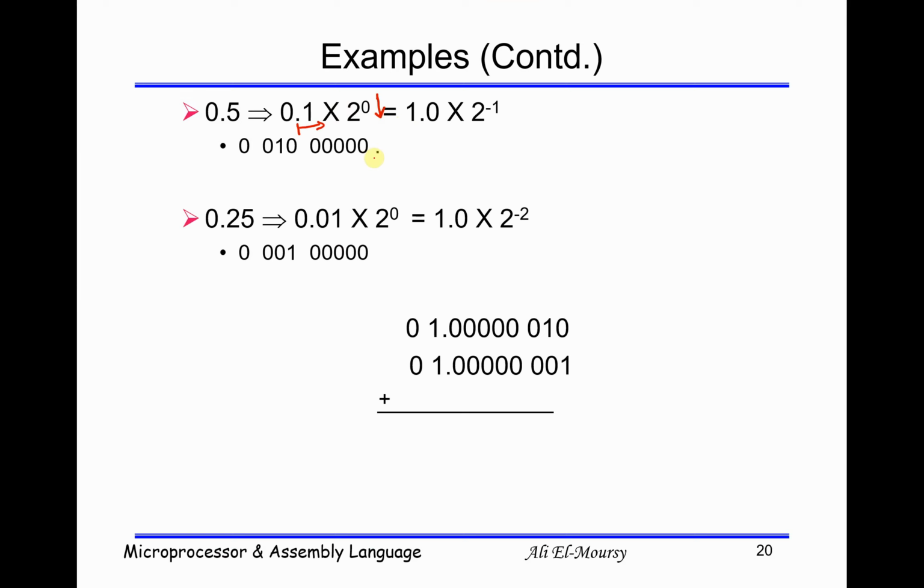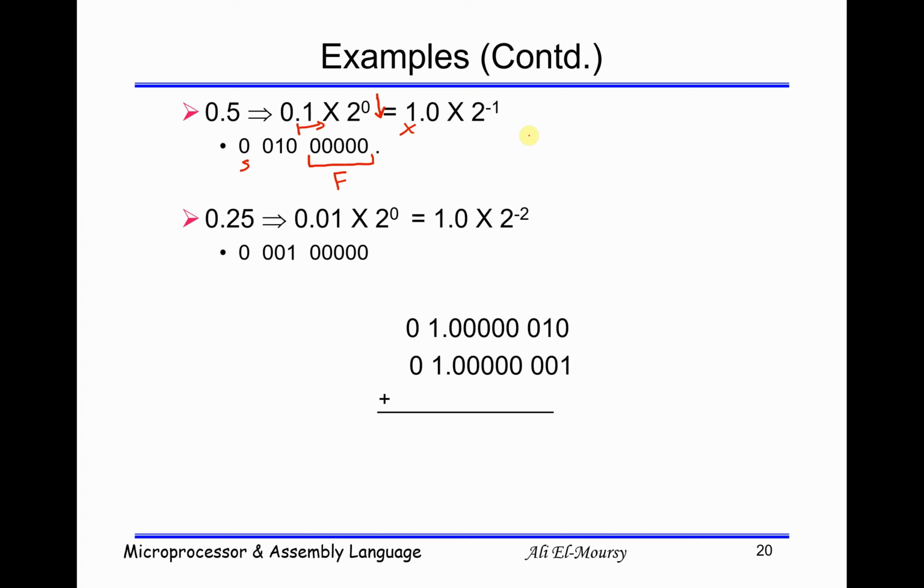That means the real mantissa after I discard this one, if I am following the IEEE standard. As we mentioned, we have 5 bits for the fractional mantissa, so here are the 5 zeros after discarding the 1. The sign is positive, so the sign bit S equals 0, and this is the fractional mantissa, and the exponent is minus 1.